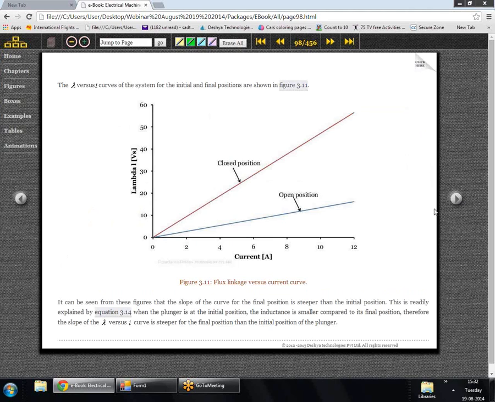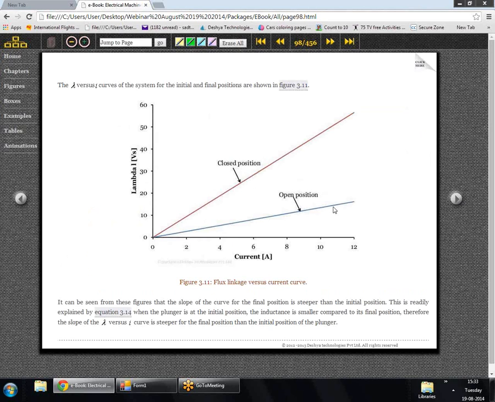And if we plot the lambda versus I curve, that means the flux linkage versus current curve, then we would see that for the open position it would be represented by the straight line shown in blue color, and for the closed position it would be represented by the straight line shown in red color. So if you see here, the slope of the lambda versus I curve gives us the inductance. So in open position, the inductance of the system was smaller.